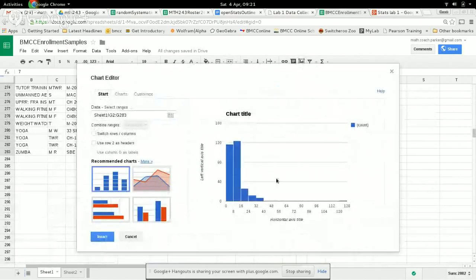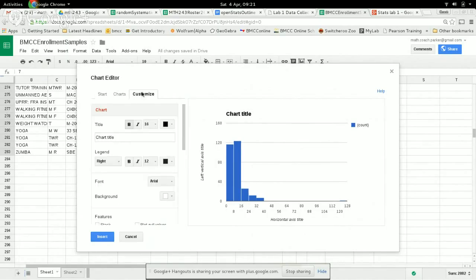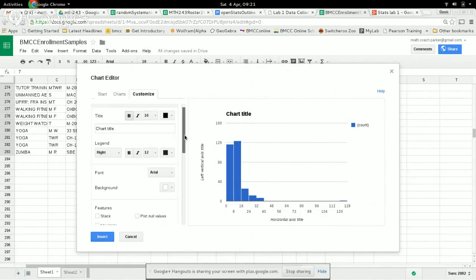And Google says, how would you like a histogram? So it automatically does frequency. Now here it's using a column width of 8. We'll talk about column widths in the next class and how many columns you should have. And I can always customize it to say I want them done differently.